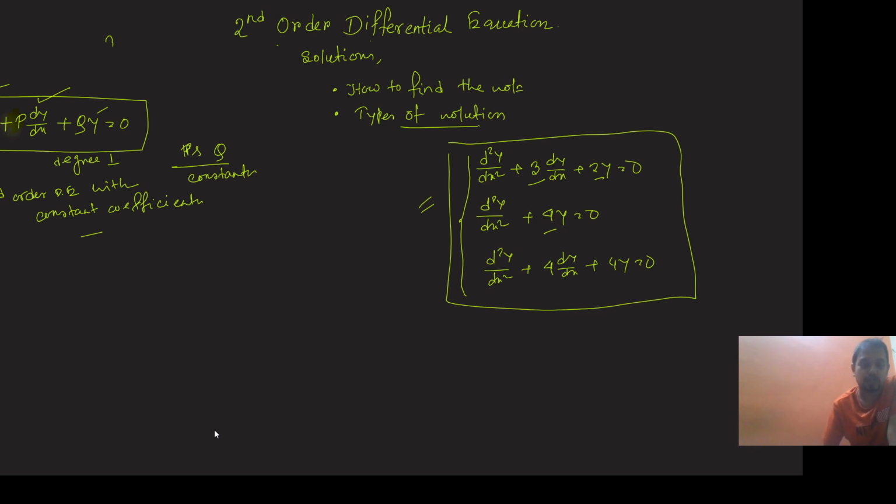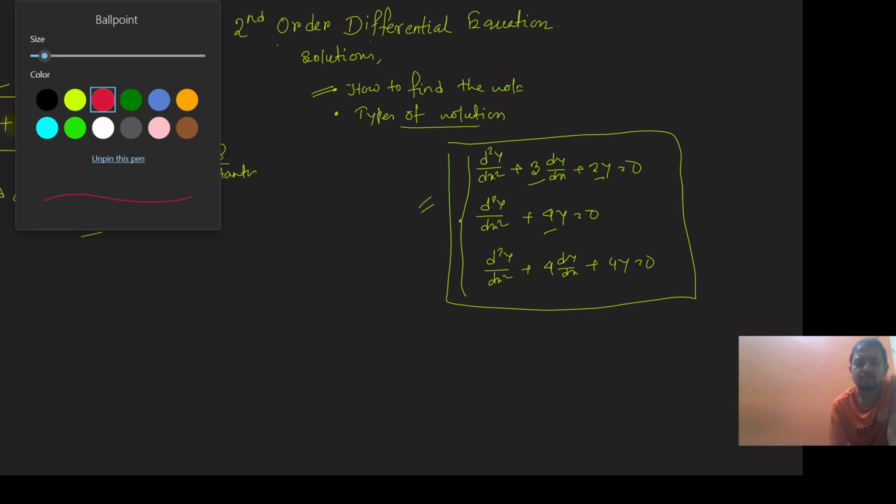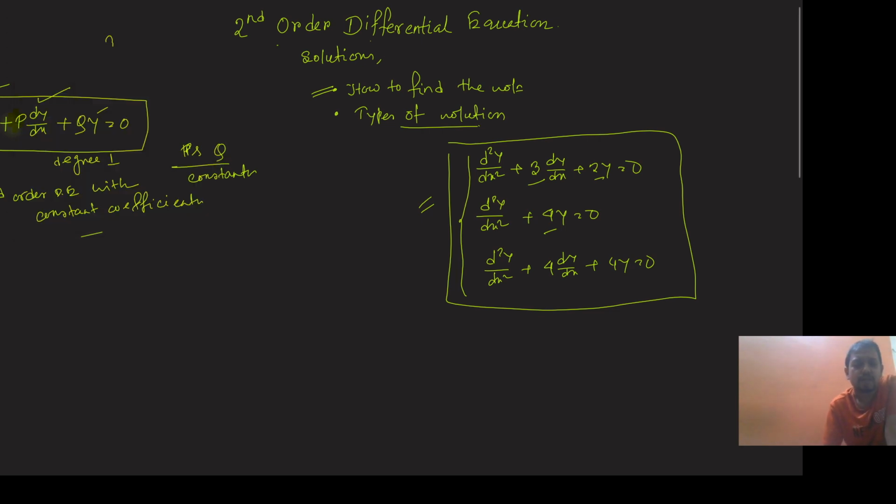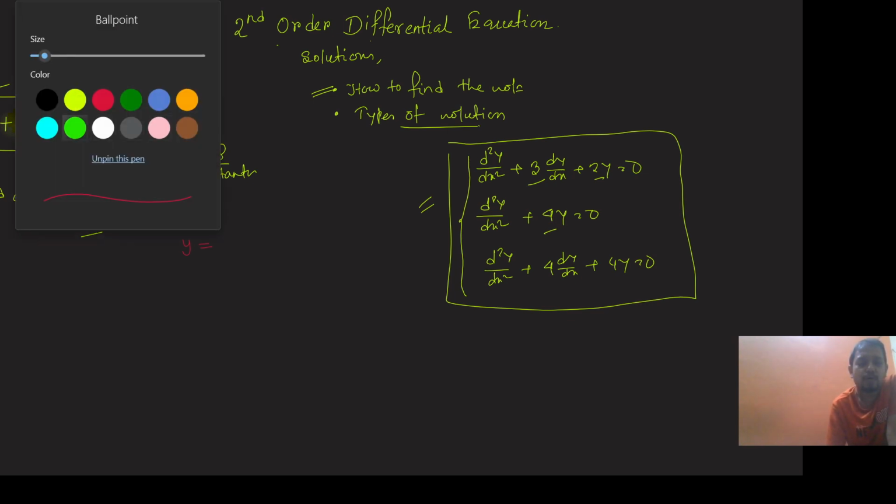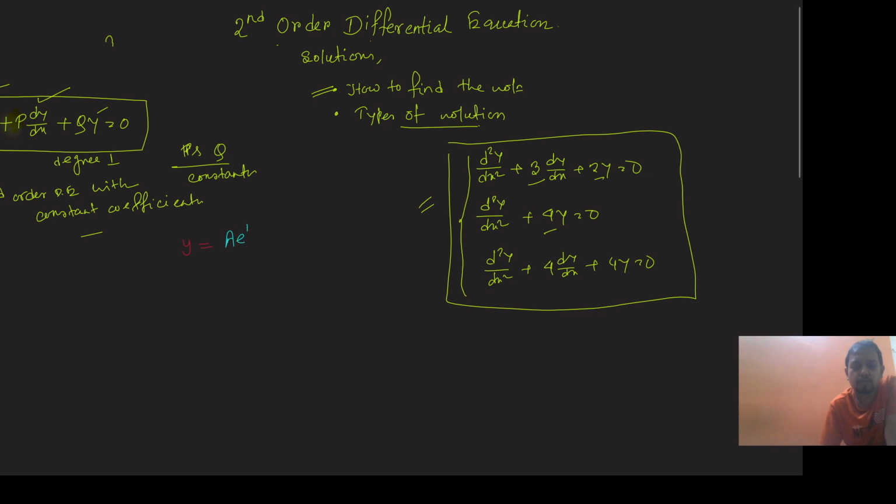Now the question is how to find the solution. Here we will take a trial solution. The trial solution means we will take y is equal to a e to the power mx.